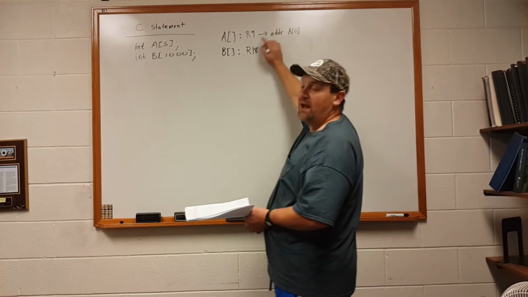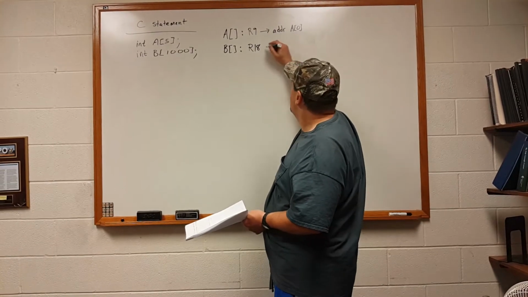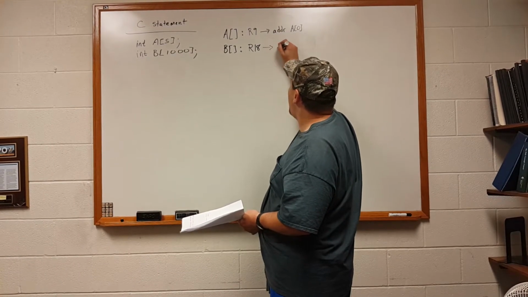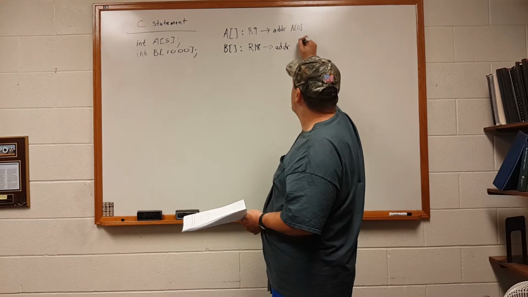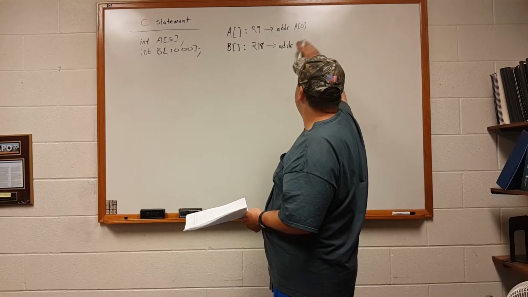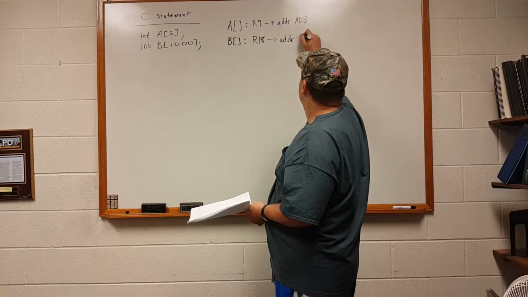So R9 contains the base. R18 contains the address in memory of B of 0.